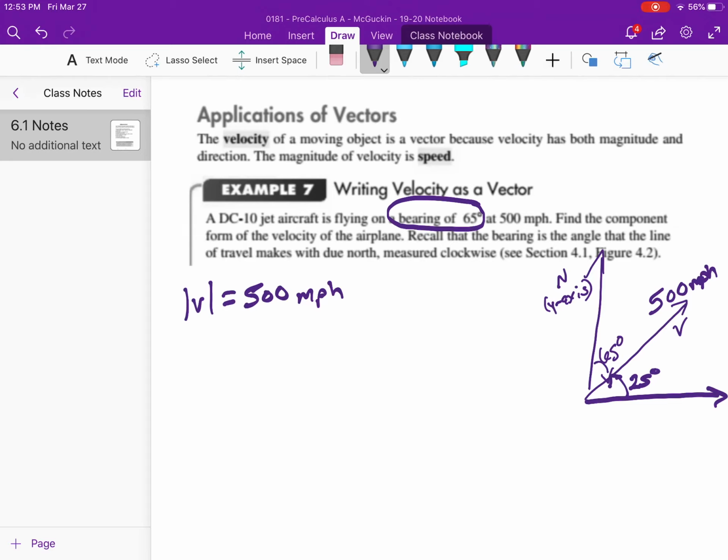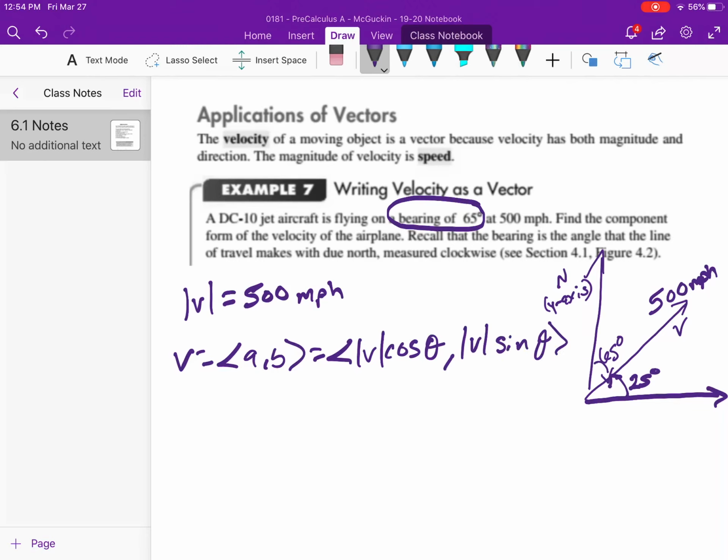We know that the vector a comma b can also be written as the magnitude of v times the cosine of the direction angle, and the magnitude times the sine of the direction angle.